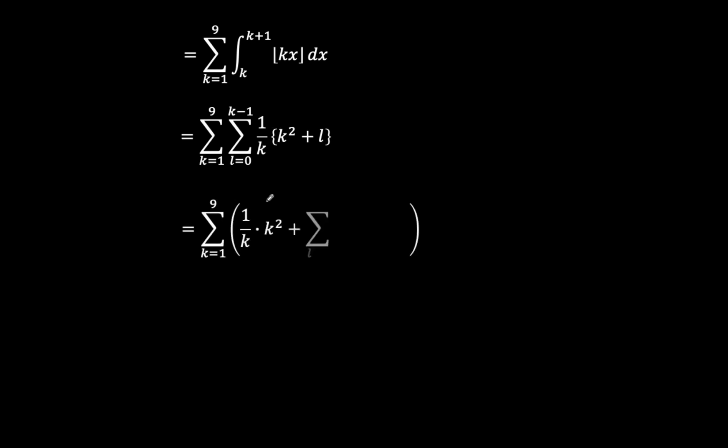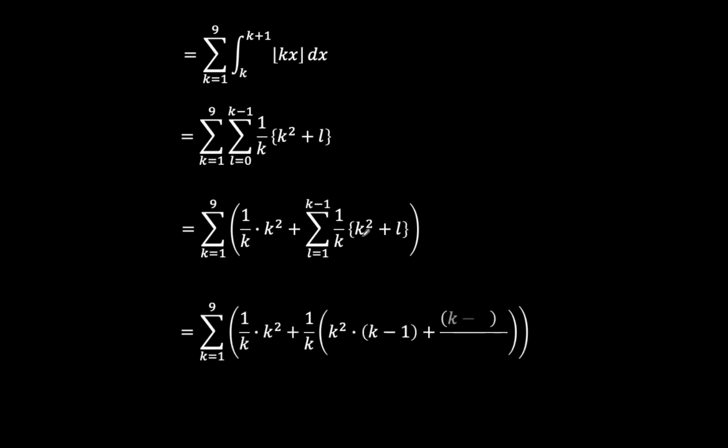So this summation here, when L equals 0, we have 1 over k times k squared, plus the summation from L equals 1 to k minus 1, right? And that means that we're keeping this 1 over k times k squared plus 1 over k. This k in this summation is a constant, so we just now have k squared times k times 1 plus this L here, using your arithmetic progression.